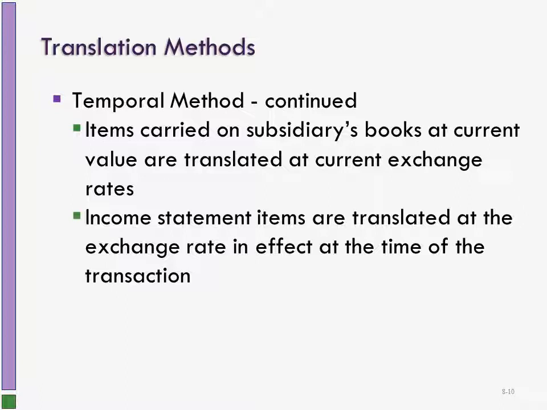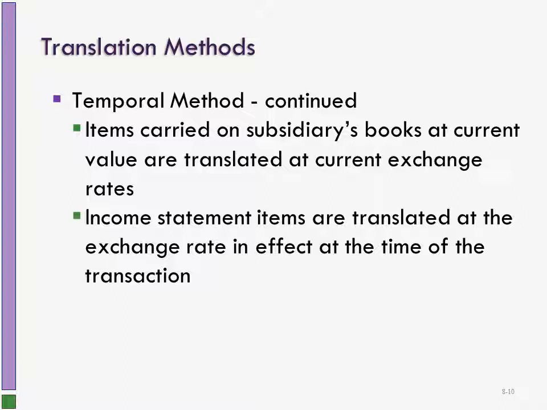Under the temporal method, income statement items are translated at the exchange rate that exists when the revenue is generated or the expense is incurred. For most items, an assumption can be made that the revenue or expense is incurred evenly throughout the accounting period, and an average exchange rate for the period can be used for the translation.